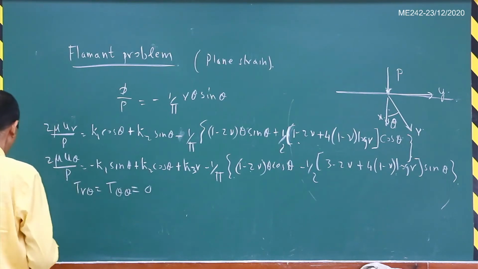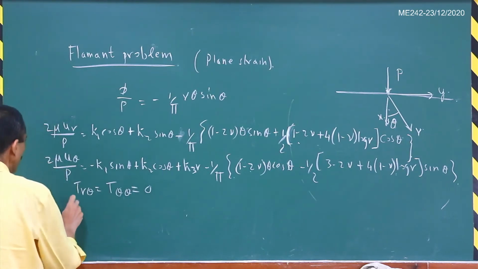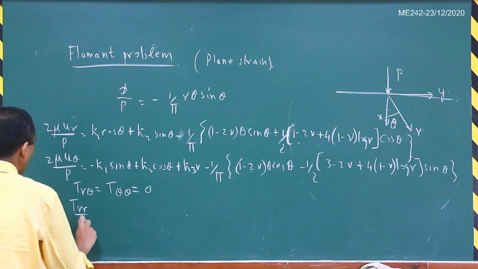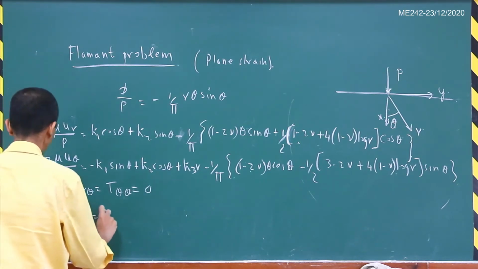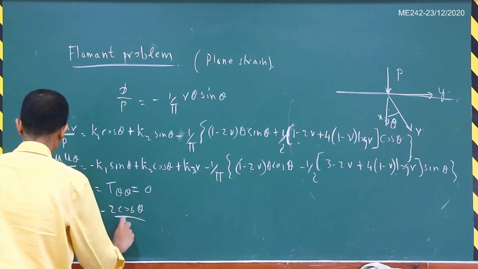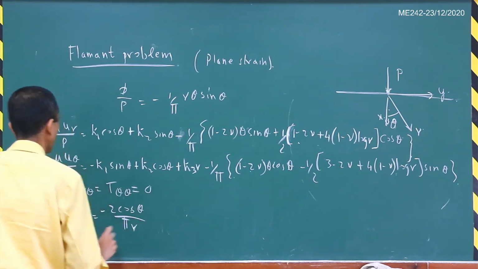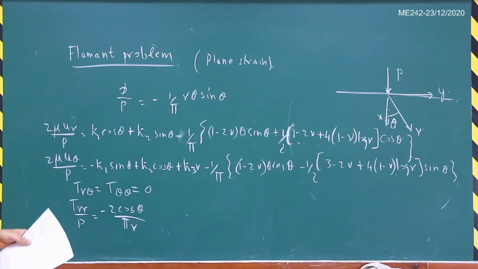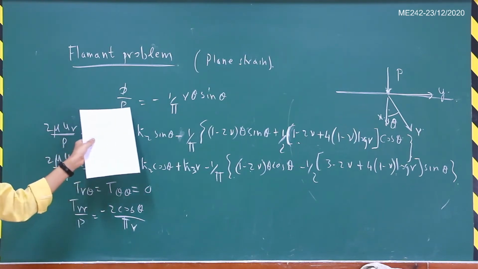And sigma_r by P is equal to minus 2 cos theta divided by pi r. This is the complete solution corresponding to this Airy stress function.